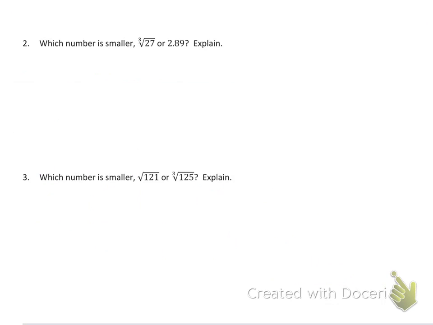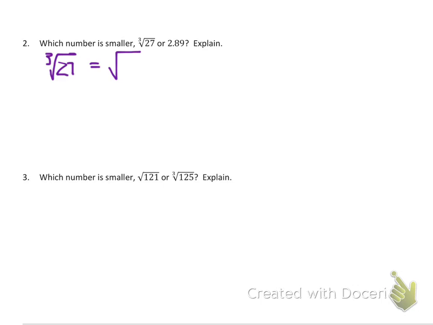Okay, next problem. I'll give you a second to pause if you haven't attempted it yourself yet. Okay, so one of these numbers is a rational number, 2.89, just written as a decimal. And the cube root of 27 is the number that I use as a factor 3 times to get 27.